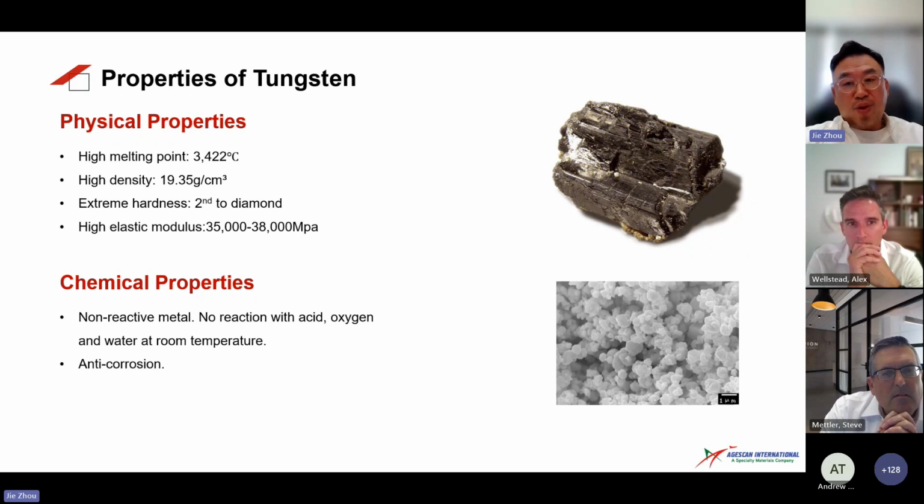It also has extreme hardness, second to diamond. It has an elastic modulus of about 35,000 to 38,000 megapascals, which shows a strong resistance to being deformed elastically. On the chemical side, tungsten is a low-reactive metal and very anti-corrosion.